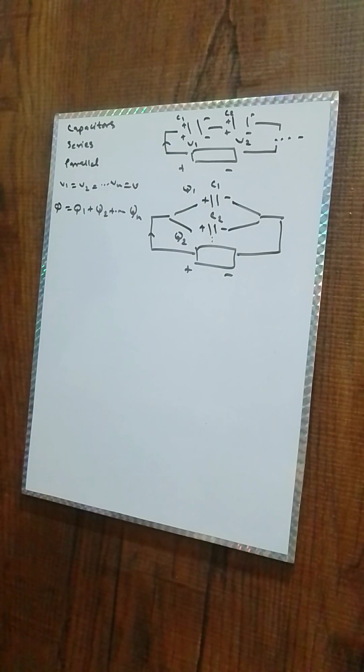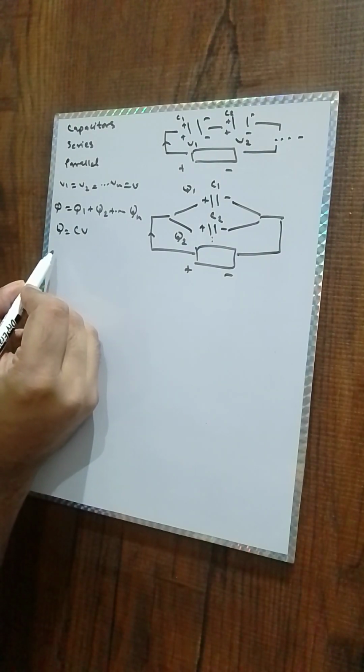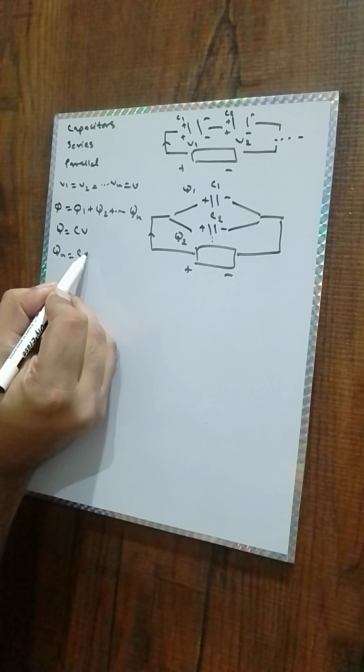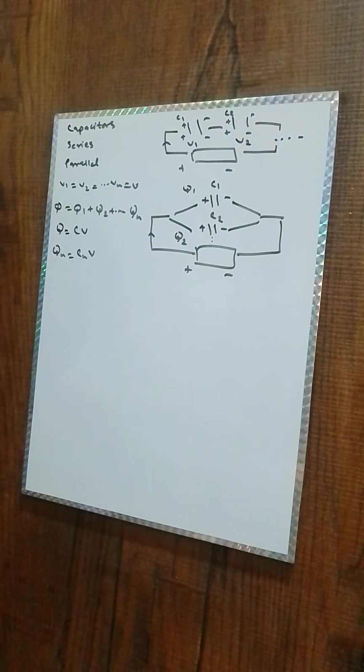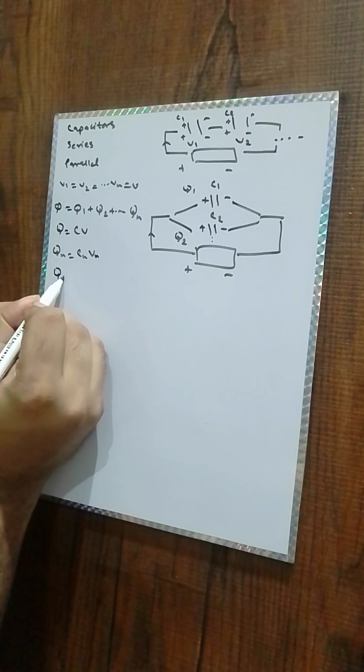Okay, so Q is equal to CV, Qn is equal to CnVn.